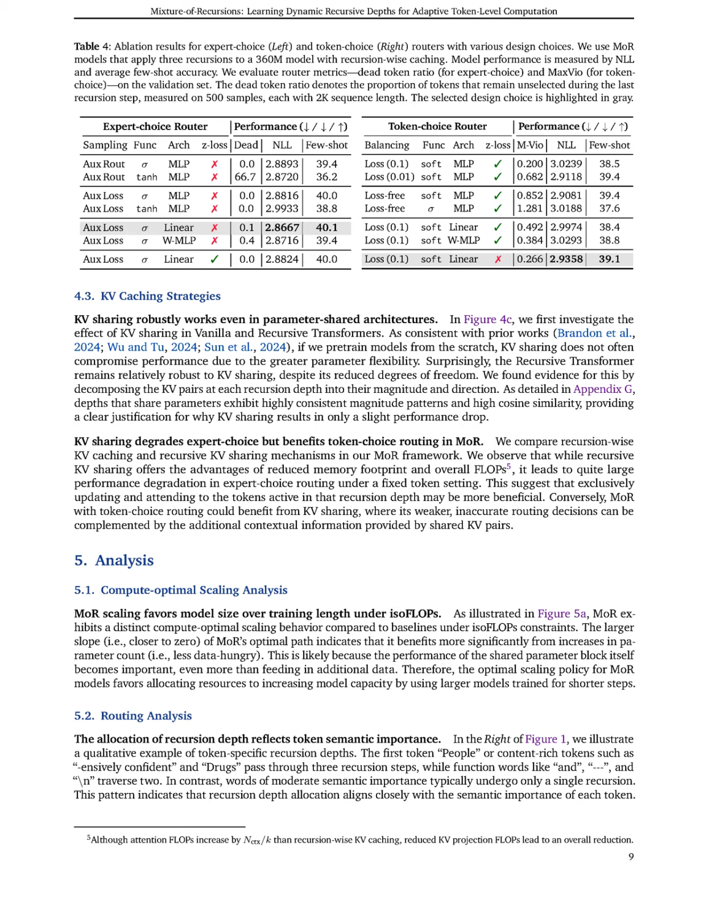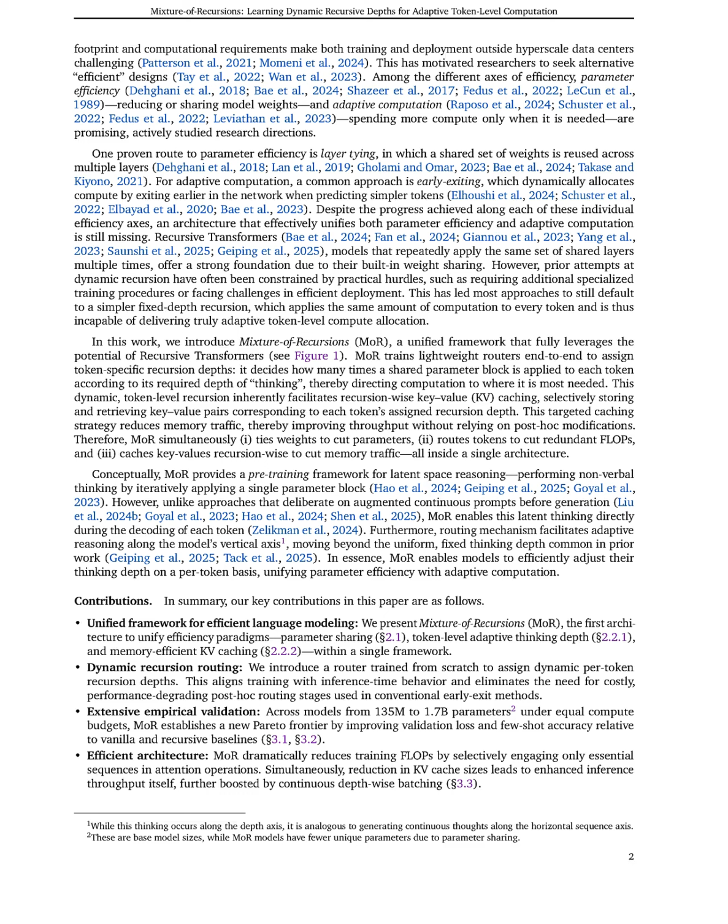This selective caching reduces memory usage and improves throughput, as the model can efficiently access the relevant KV pairs without recomputing them for every recursion. Thus, MoR effectively combines dynamic recursion routing with recursion-wise KV caching to allocate computational resources where they are most needed, enhancing both efficiency and performance.